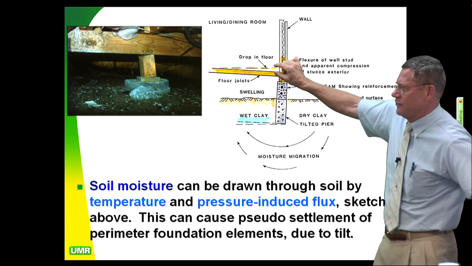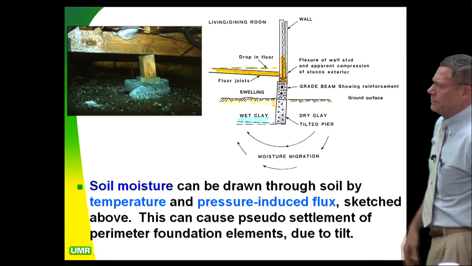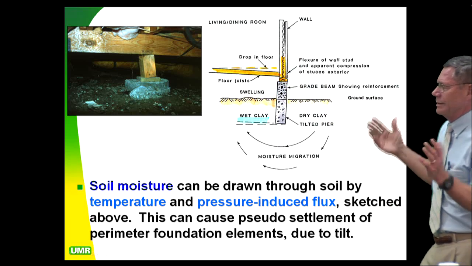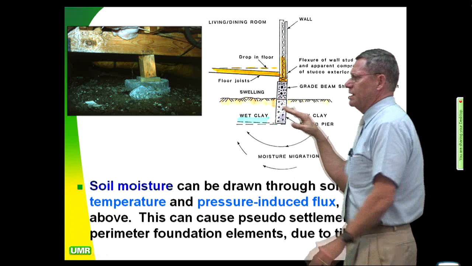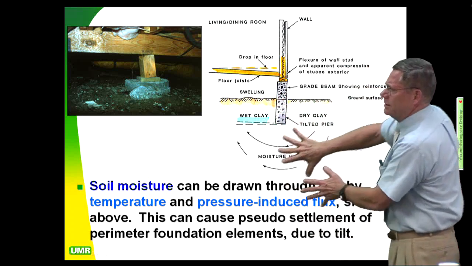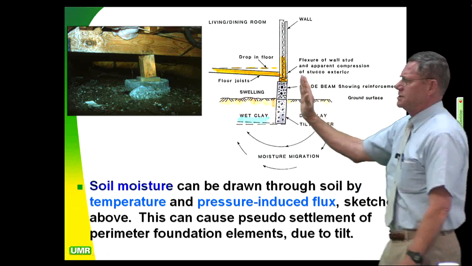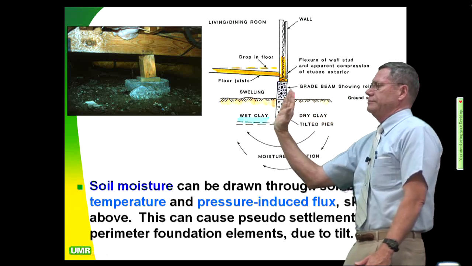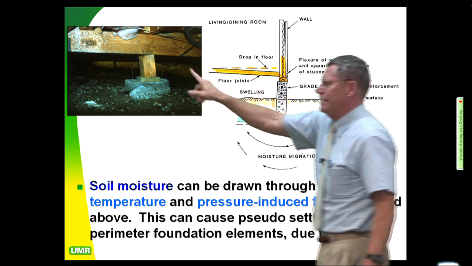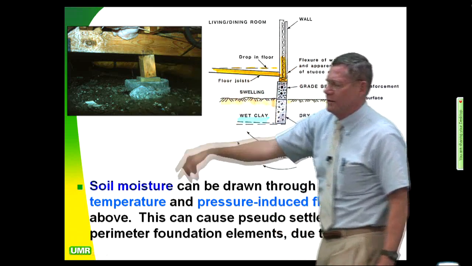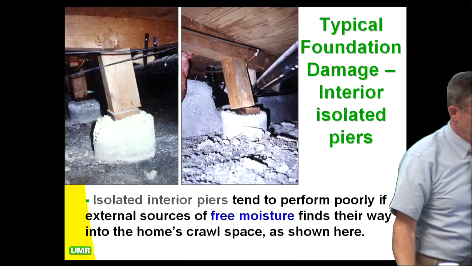And this lady had 3.5 inches of settlement in about a 6-week period. She'd lived there the whole time. And then here you also have a tilt, and the tilt is because of the progression of the drying front. So you're wetter over here, drier over there, so you actually get a tilt going like that. Anyway, this should scare you. This is not a good situation at all for lateral loading in a quake.